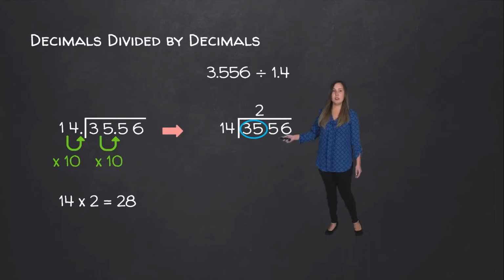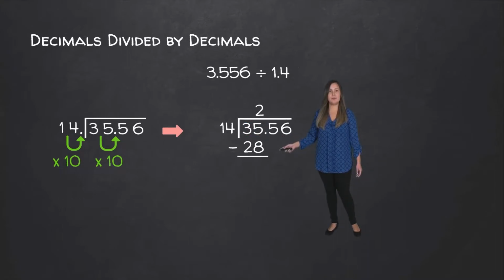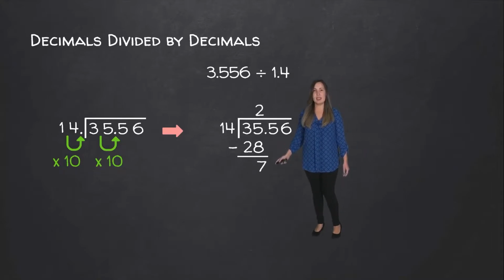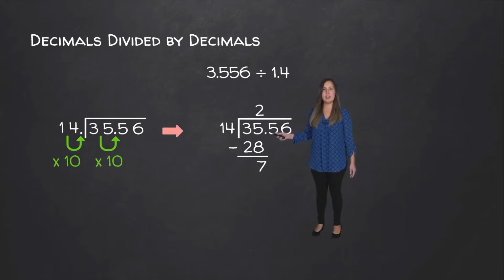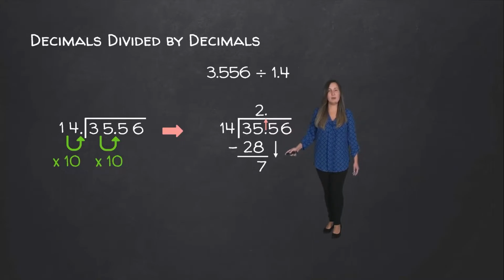So we take the 35 and subtract 28. 35 minus 28 is equal to 7. And notice here that the next thing we have is our decimal point, so make sure you bring that up. And then we can go ahead and bring our 5 down.